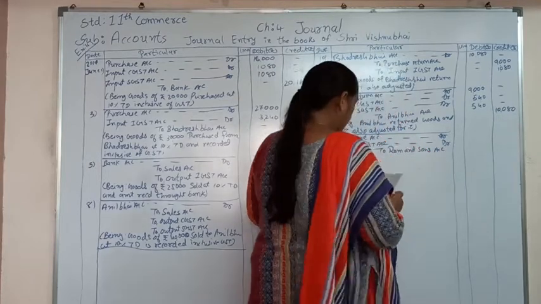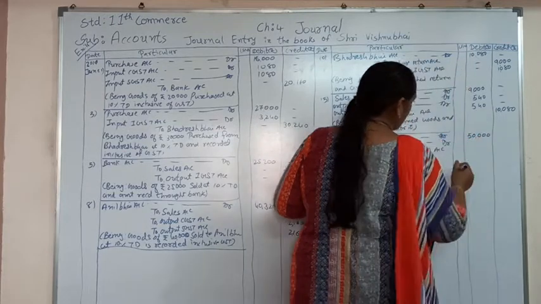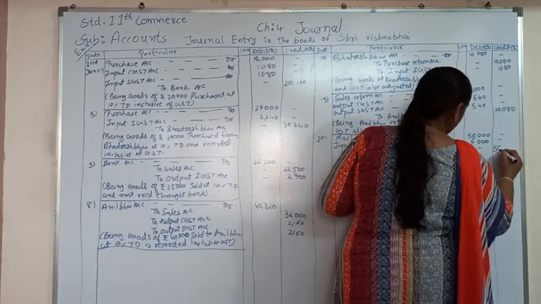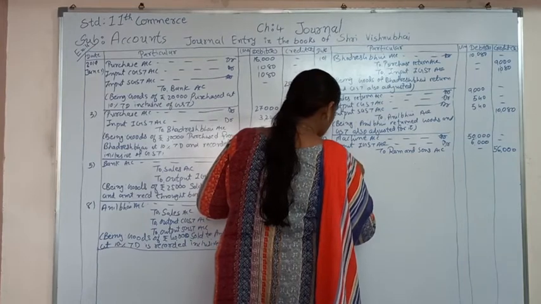So here the machine is of 50,000 and 12% of that will be 6,000. So the total value of the machine will be 56,000 that we are supposed to pay to Ram and Sons.